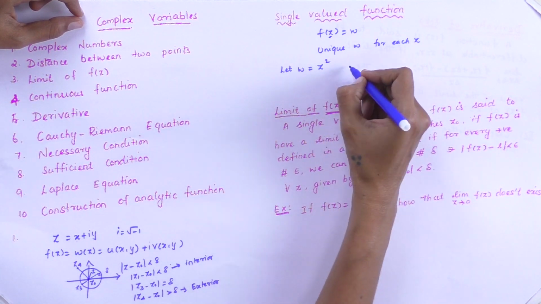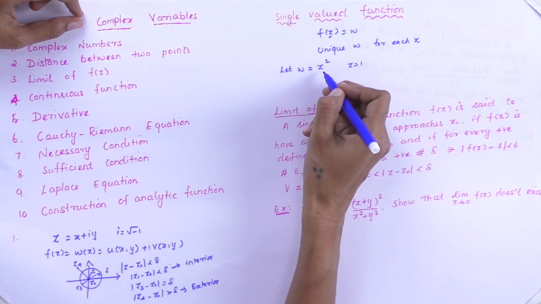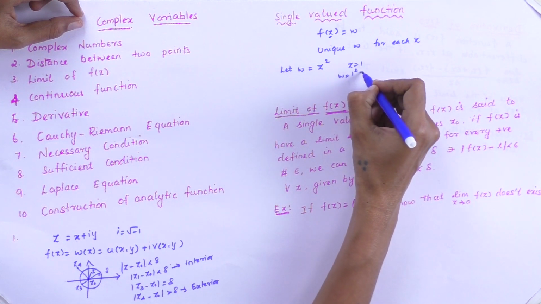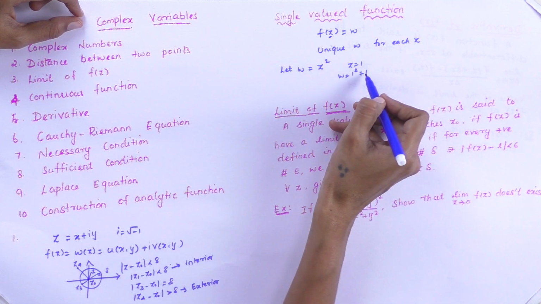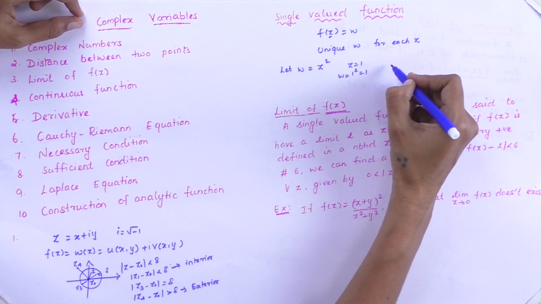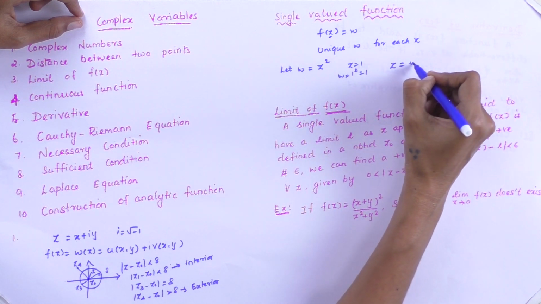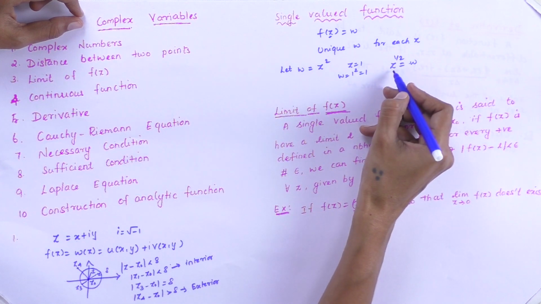If I substitute z equal to 1, I am getting only one unique value, that is w is equal to 1 square is equal to 1. For each value of z, I am getting only one value for w, whereas w is equal to z raised to the power 1 by 2.